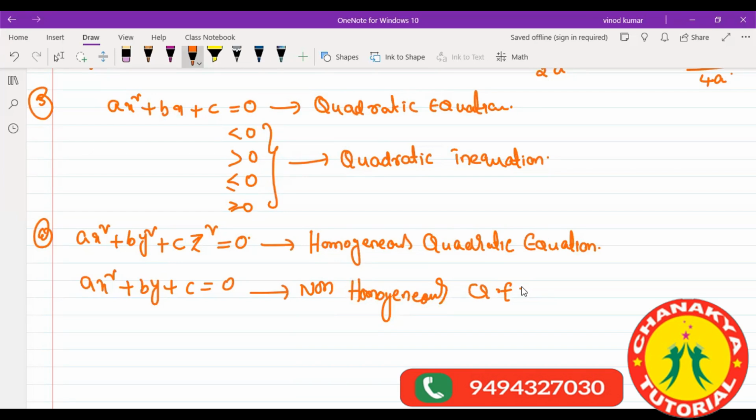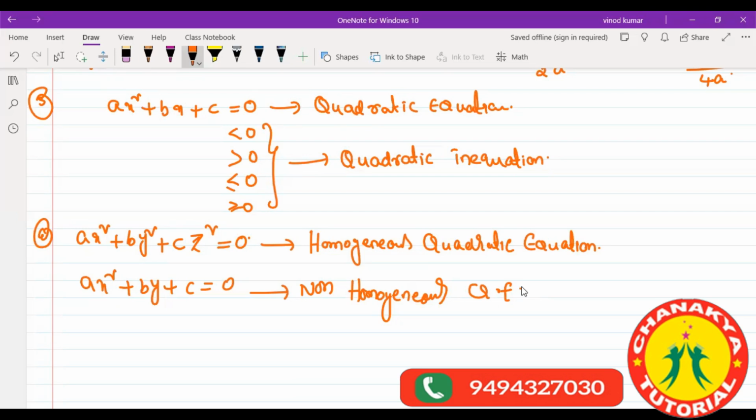In the next class, we'll discuss how to find the nature of the roots of the given quadratic expression by using conditions. Suppose one root is double the other root, that is one condition; one root is the square of the other root, that time we have another condition.